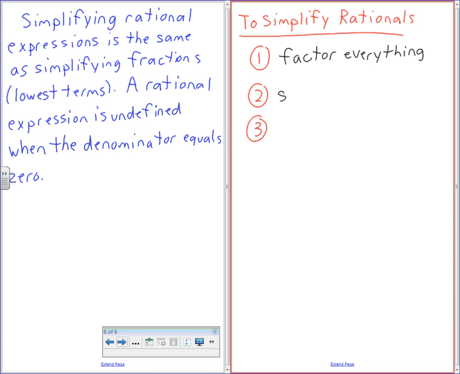Number 2, state restrictions. Number 3, cancel anything common in numerator and denominator.